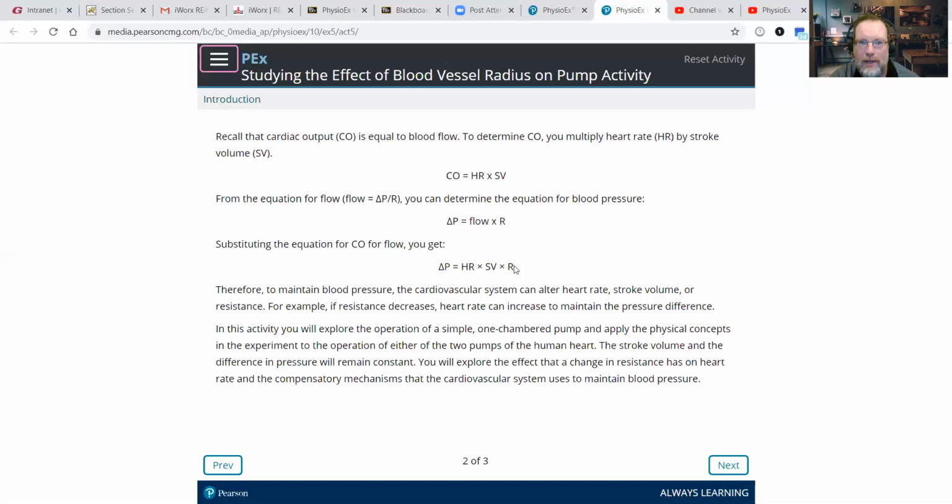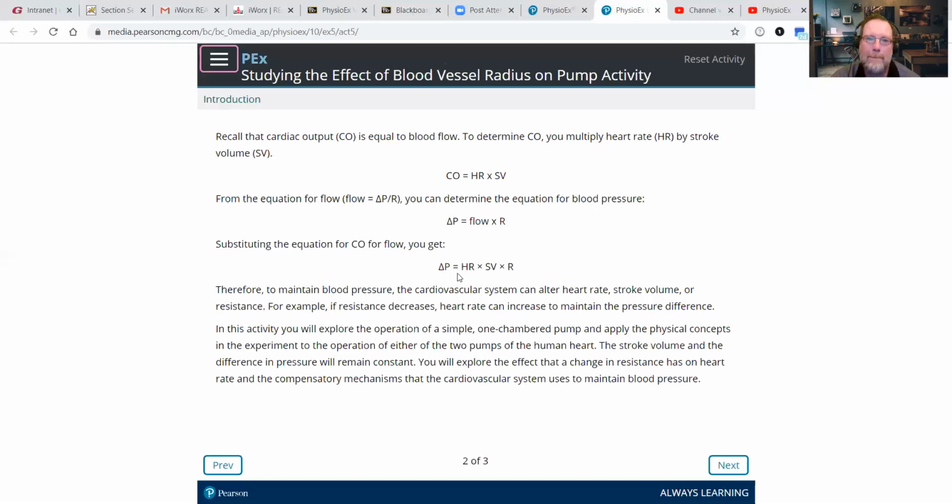We could even put a parenthesis there and a parenthesis there to tie it all together. We've simply replaced cardiac output with the word flow. They're the same thing. And now we've replaced flow with the equation to determine cardiac output. So we have heart rate times stroke volume times resistance giving us blood pressure.